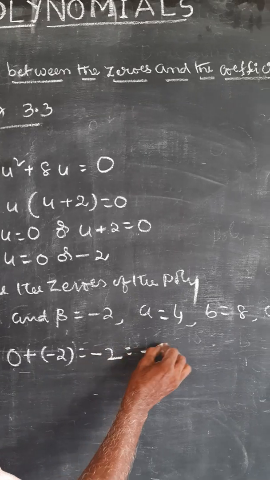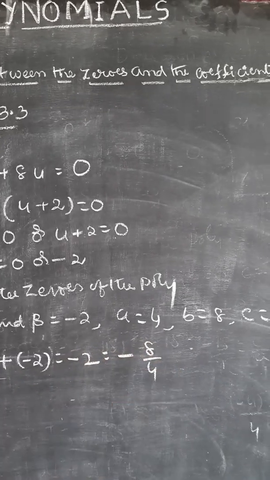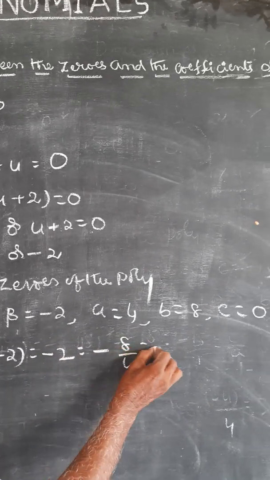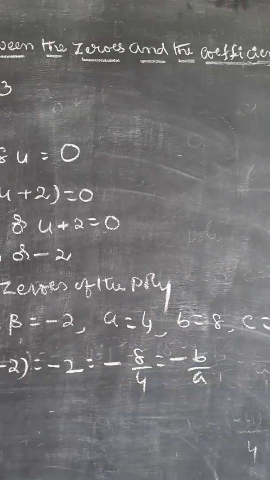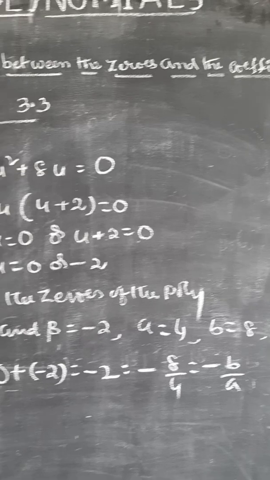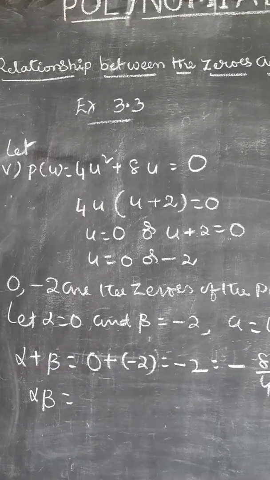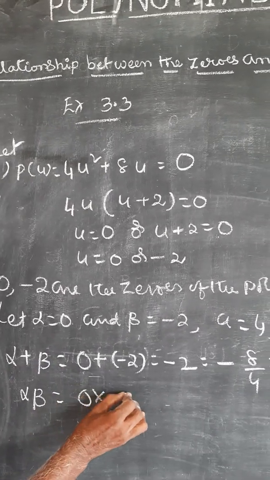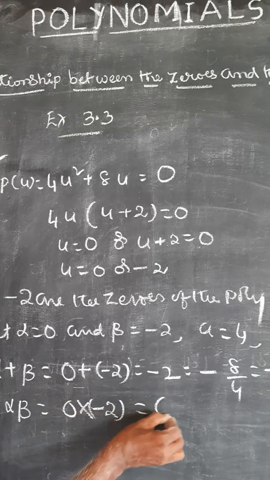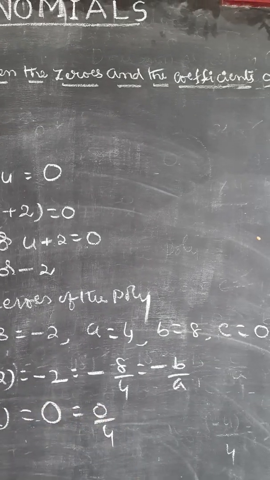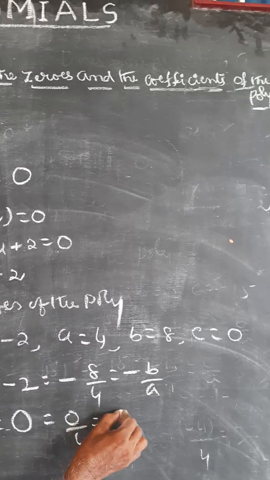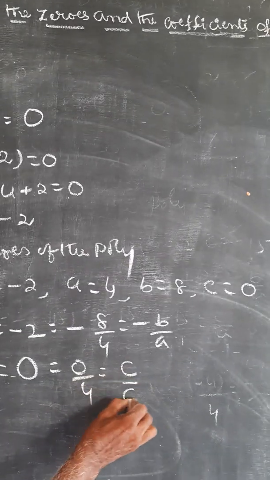Write this value as minus 8 by 4. Minus 8 by 4, that is equal to minus b by a, where 8 is b, 4 is a. Product of the zeros, alpha beta is equal to 0 into minus 2, that is equal to 0. And write 0 by 4, again 0, there is no change, that is equal to c by a.